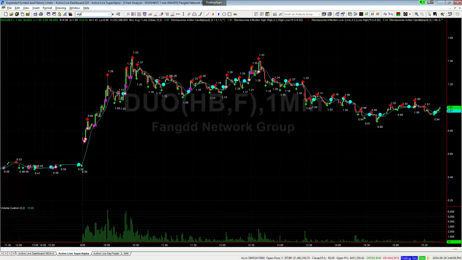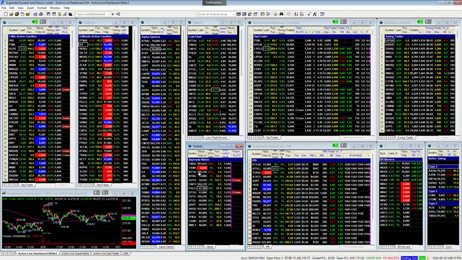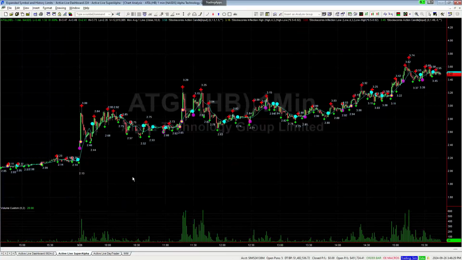So if we use ATGL as an example, ATGL is on the watch list right here. The reason it's on the watch list is because it's abnormal. It's a low float stock. So it's probably on here somewhere, the alpha gainers list. There it is on the alpha gainers list. So it's in lots of places. So it's a stock to watch. It was on the watch list from this morning. And then what we see is compressing volatility and a break.